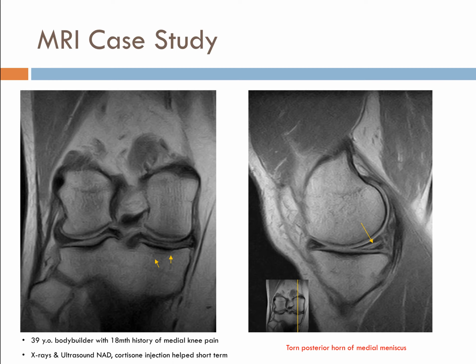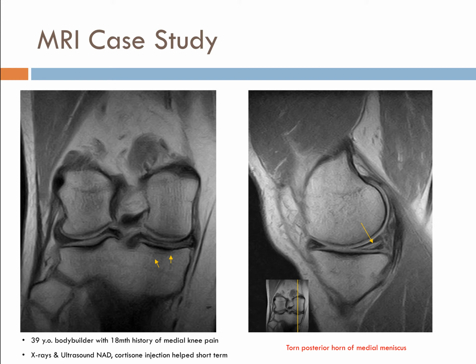I'll show you a couple of case studies. You can see this is a bodybuilder. He had an 18-month history of medial knee pain, and he had some cortisone injections that helped, but only in the short term. And his MRI shows, on the right-hand side, a torn posterior horn of his medial meniscus. If you look at the anterior horn, which doesn't look particularly well intact either, you can see that the borders are crisp, just like we were looking at in the plain films, and it's a relatively consistent colour throughout.